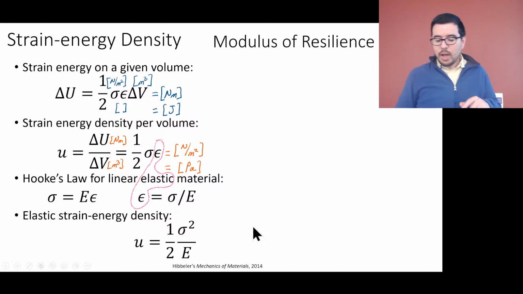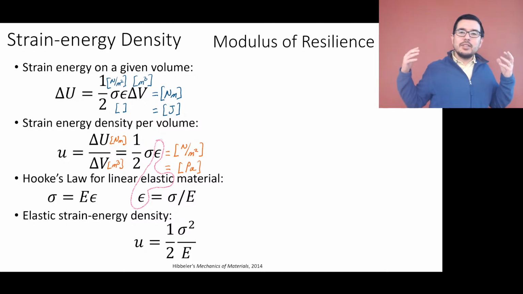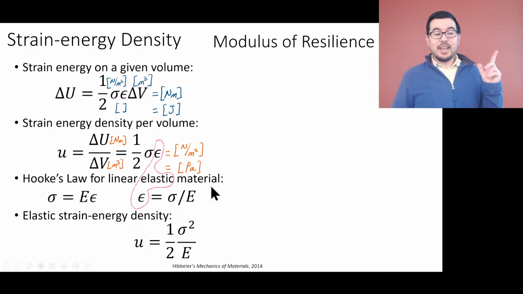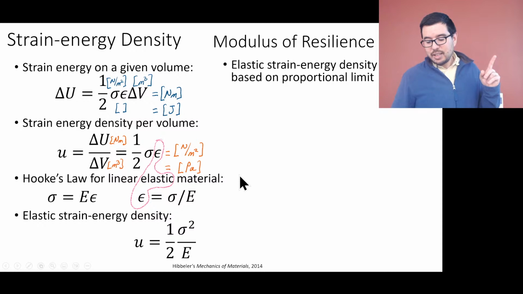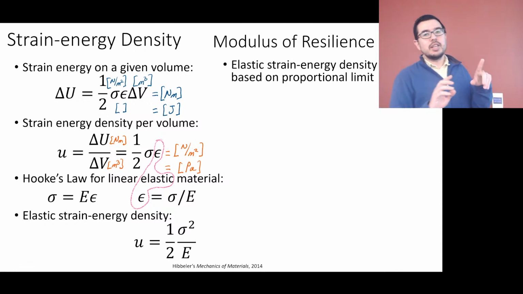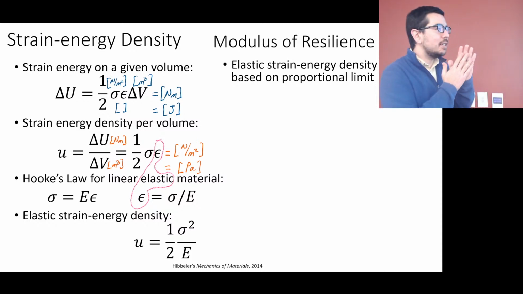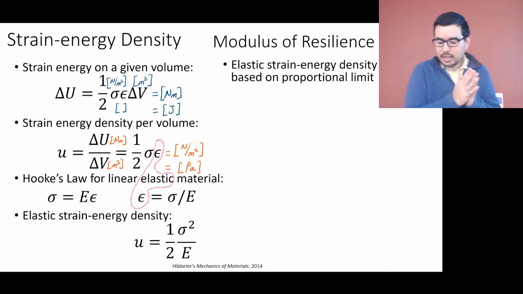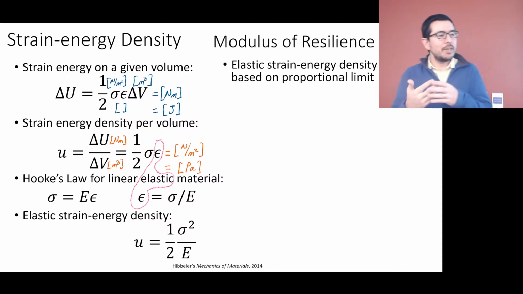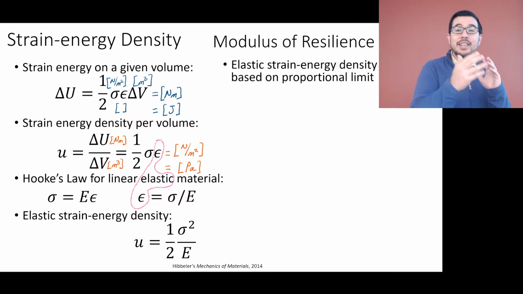So how does this relate to modulus of resilience? Pretty much directly, except we're going to the limit of the elastic regime. This is the modulus of resilience. It is essentially the strain energy density based on the proportional limit, or for our intents and purposes, usually the yield strength.